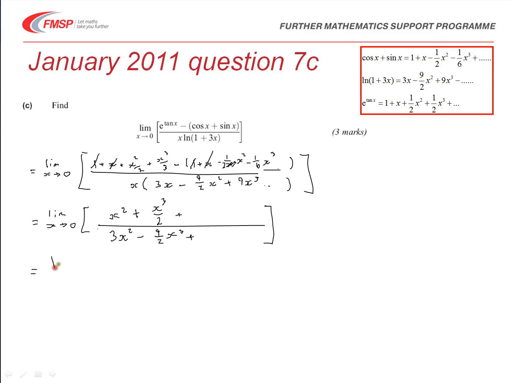So if we divide top and bottom, in this case, by x squared, it's going to give us 1 plus x over 2, and then we're going to have other values of x squared, x cubed, and so on, and on the bottom we're going to have 3 minus 9 over 2 x and other terms, and so on.